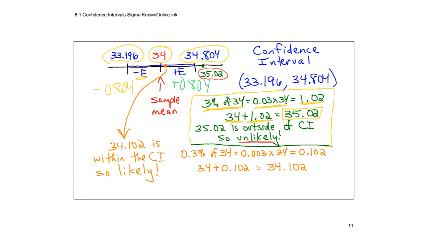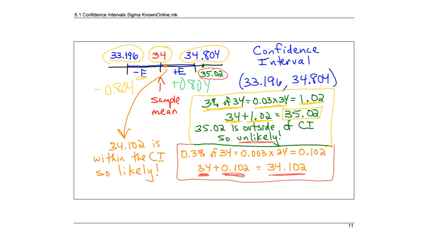So then they want me to do the same thing if it's 0.3%. So if I take the sample mean and I add 0.3% to it, I'm sitting here at 34.102. Well, that one works. That one is inside of the confidence interval, right?